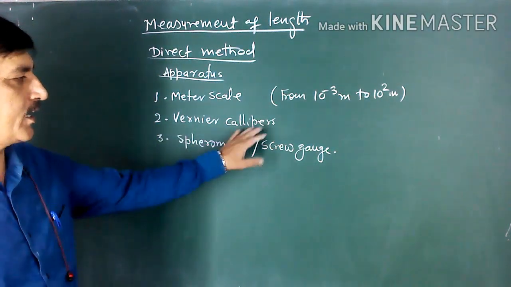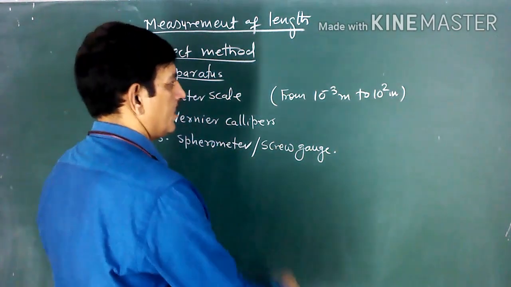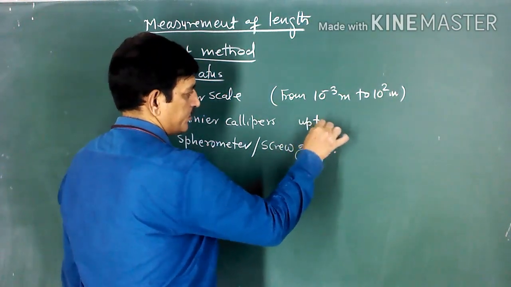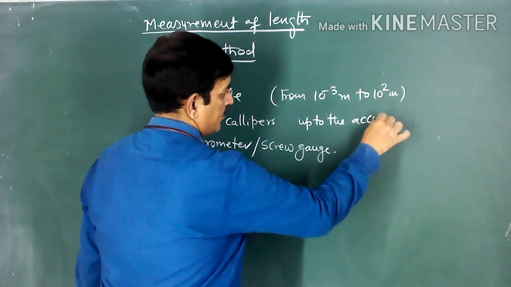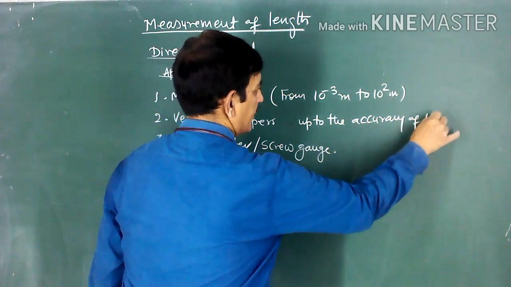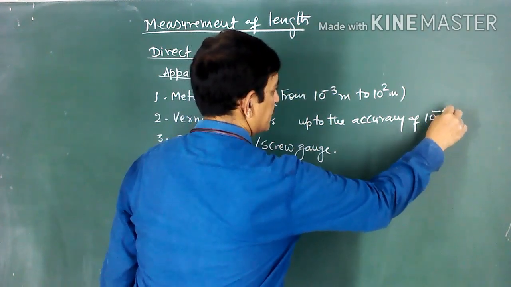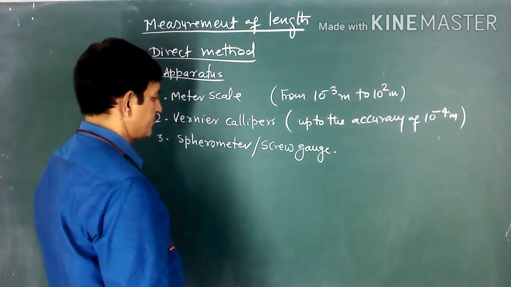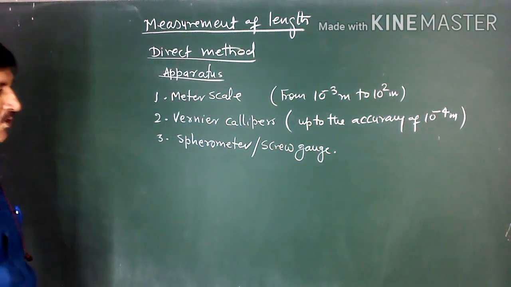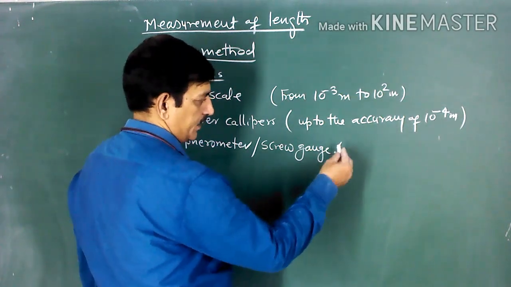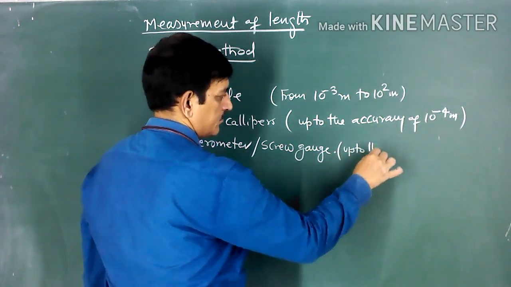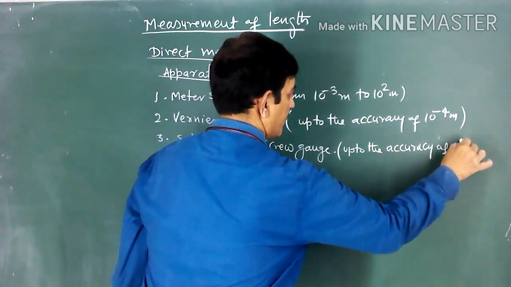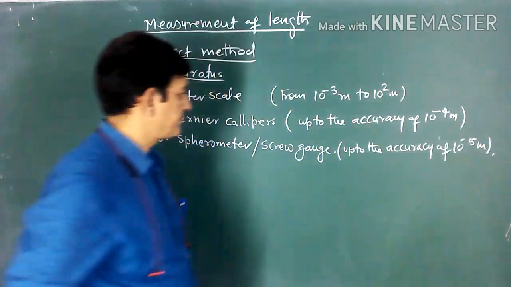By using these vernier calipers, we can measure length up to an accuracy of 10 to the power minus 4 meter. And by using this spherometer or a screw gauge, we can measure the length up to an accuracy of 10 to the power minus 5 meter.